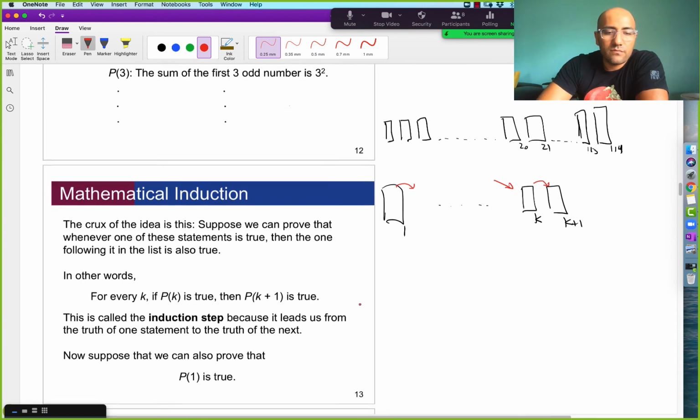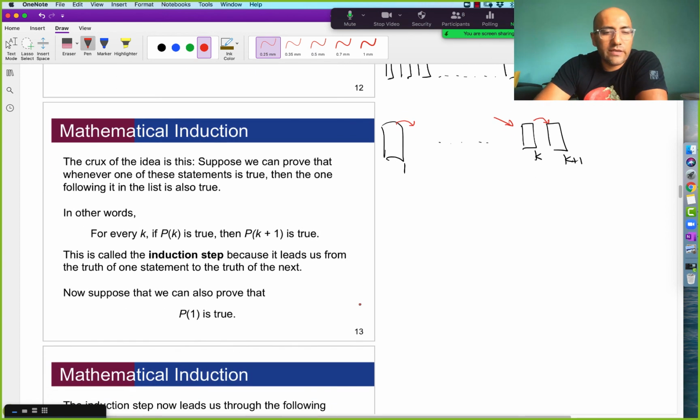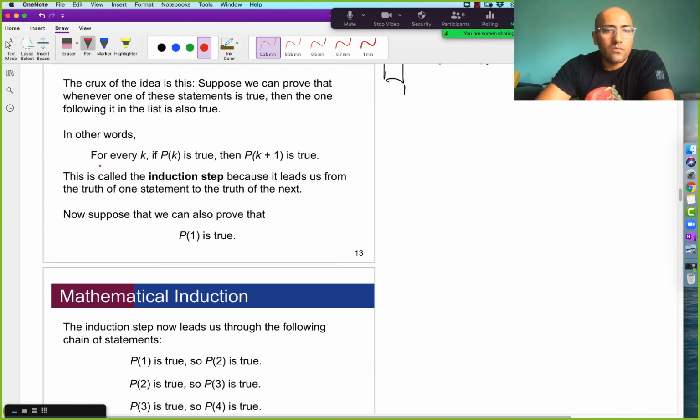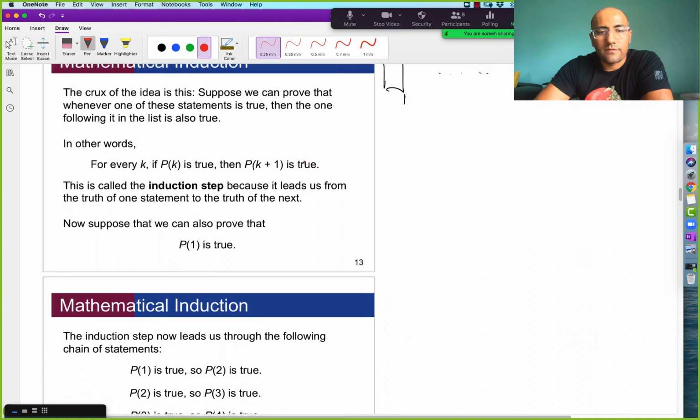Okay. Hopefully that starts to give some sense of what we're doing. So for every value k, P of k is true, and we want to show that that means that P of k plus 1 is also true.